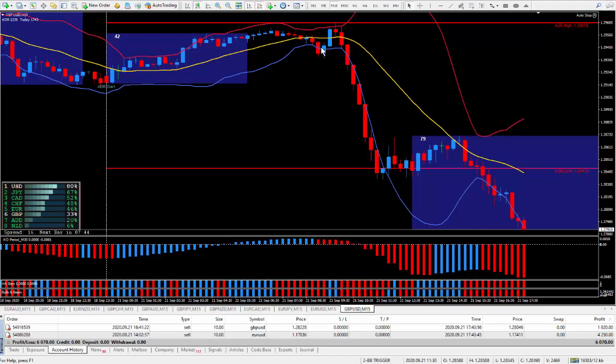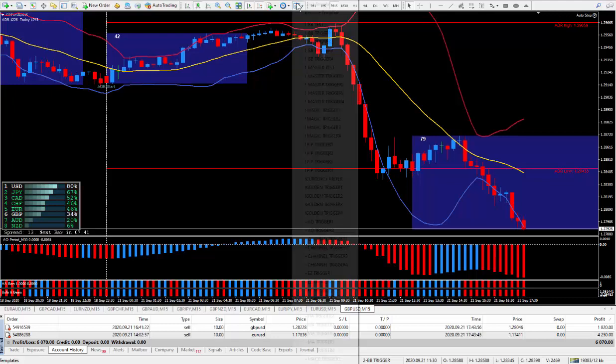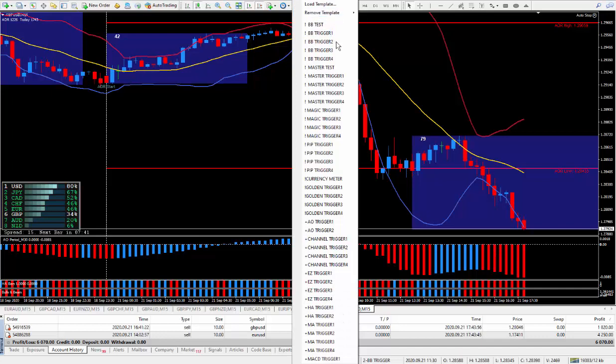So the 2 that I usually look at the most out of the 4 templates is number 1 and number 2. They're both based on the 30-minute time frame on the AO, and 1 is with the meter and 2 is with no meter. And of course 3 is based on the 1 hour and 4 is based on the 4 hour on the awesome oscillator.